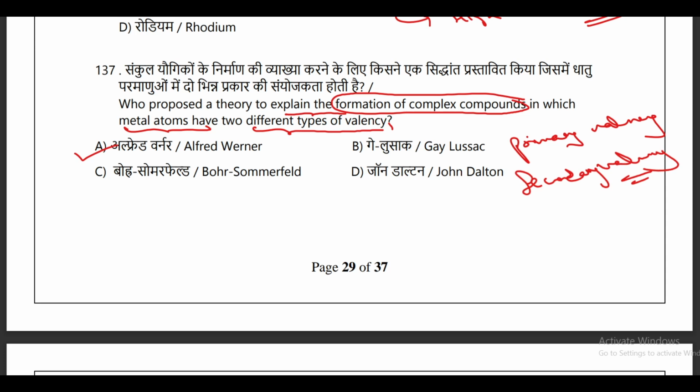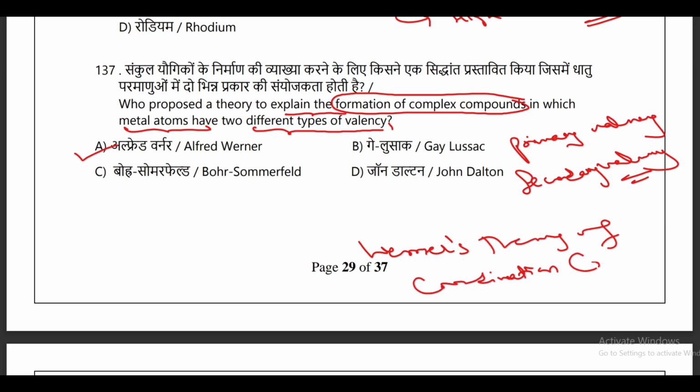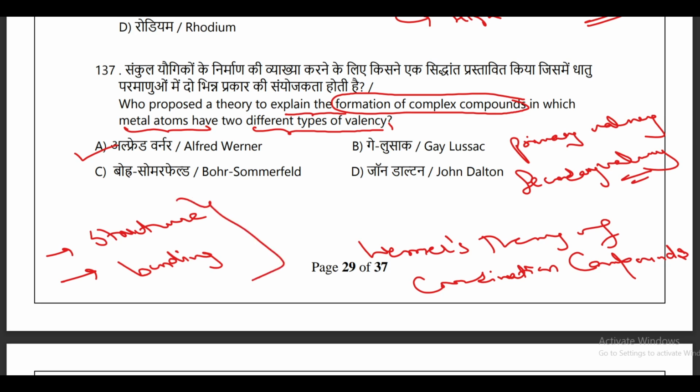This theory is also known as Werner's theory of coordination compounds, and it is usually used to determine the structure and bonding in coordination compounds. Okay, so A option is your correct answer in this question.